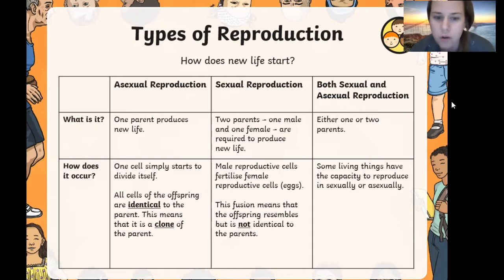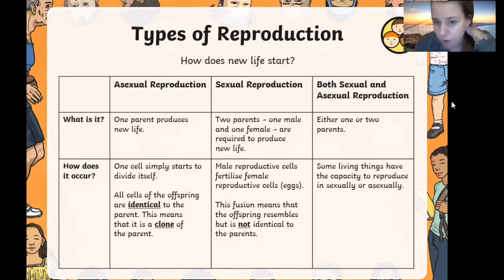The fusion of those means that the offspring will resemble both, but is not identical to either. So we have similarities to our parents, but we are not identical to them. This is the same in animals. When a kitten is born, for example, it might have similarities to mum and to dad, but it won't be identical to either of them.